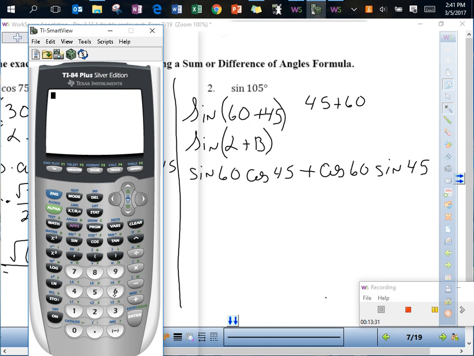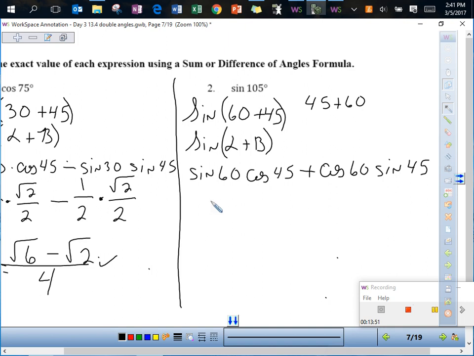I'm going to have sine of 60 and cosine of 45. So sine of 60, I'm going to put radical 3 over 2. Cosine of 45 is radical 2 over 2. So here's what I've got so far. I've got radical 3 over 2 times radical 2 over 2. There's a plus sign from our note card.